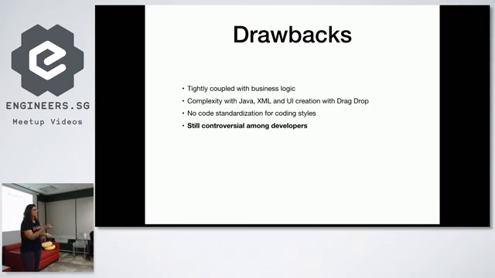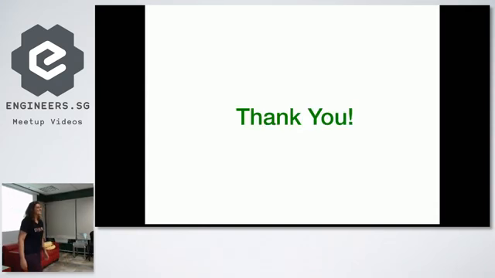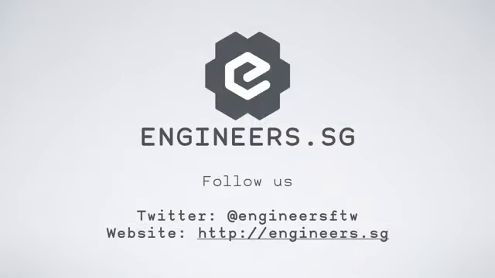I think .NET has drag and drop to design the views, but Compose does not. So I don't know what's the future for that, but hopefully they add it, because we would want our developers to be more proactive about creating UIs. Okay, that's it. Thank you guys.